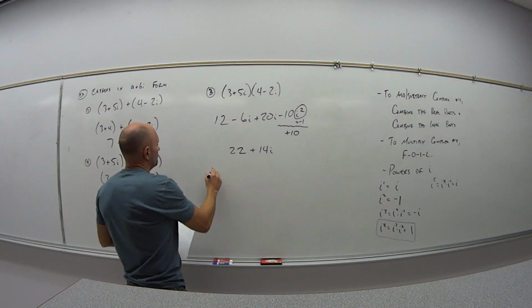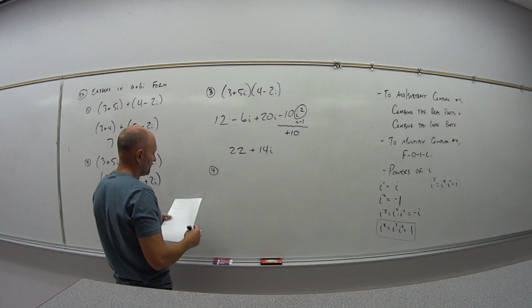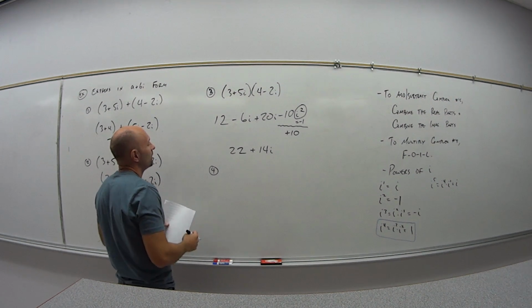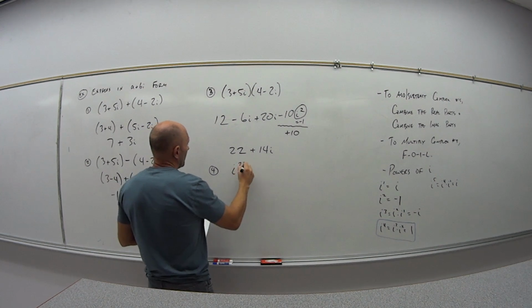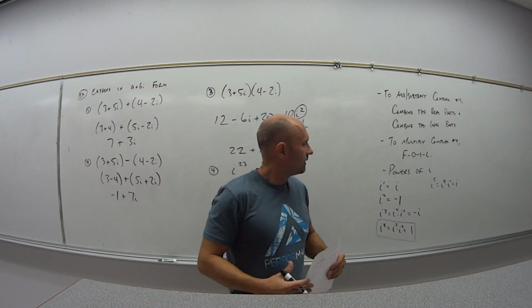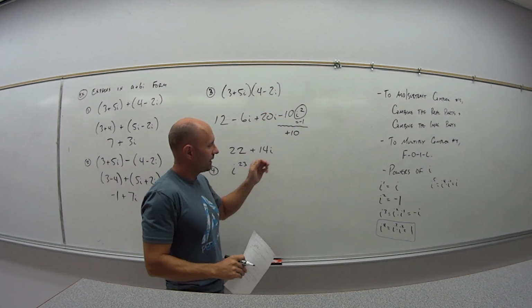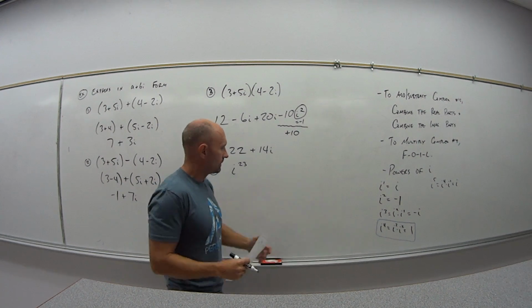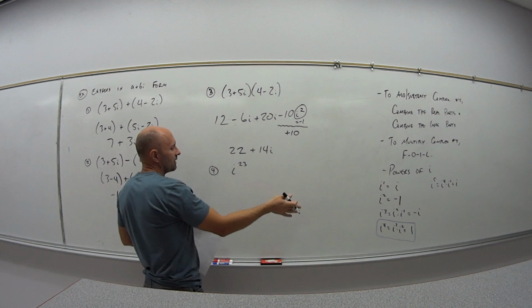And lastly, number 4. And this one's not really a plus bi form. Well, I guess it is. But it's simplifying using our powers of i. So if I have i to the 23rd, and I want to simplify this, what did I say? I said we want to try to rewrite this guy as powers of 4. So 23 divided by 4 is what?